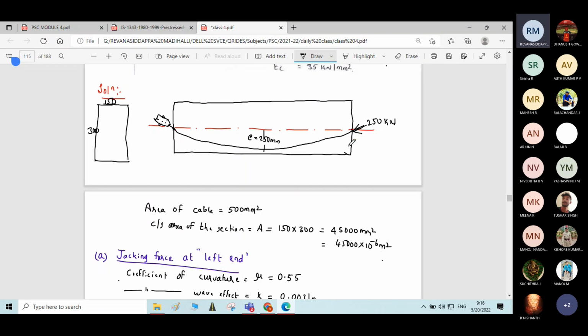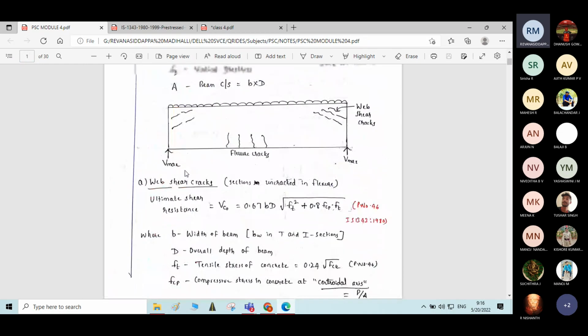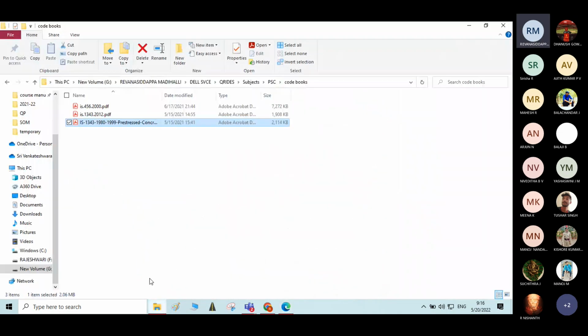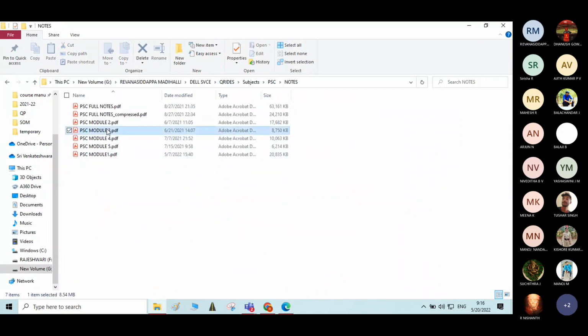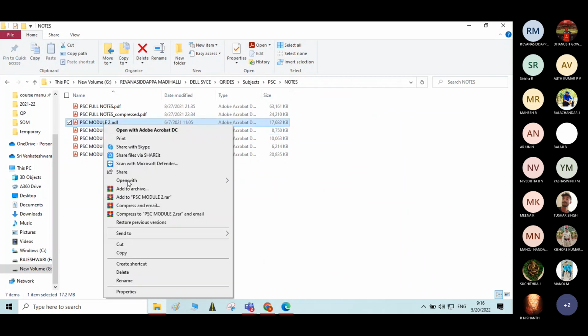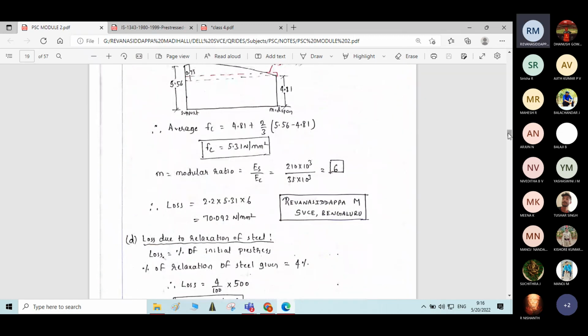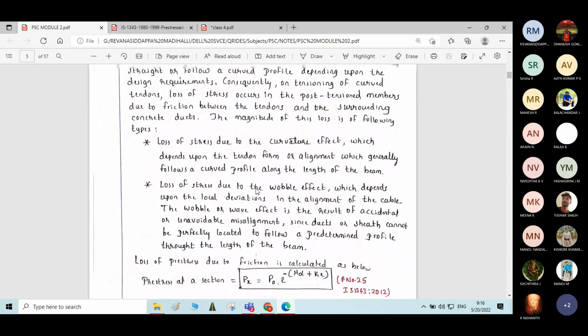That is the question. So we'll utilize the formula of the frictional loss. What is the formula we have? I have opened model 2.